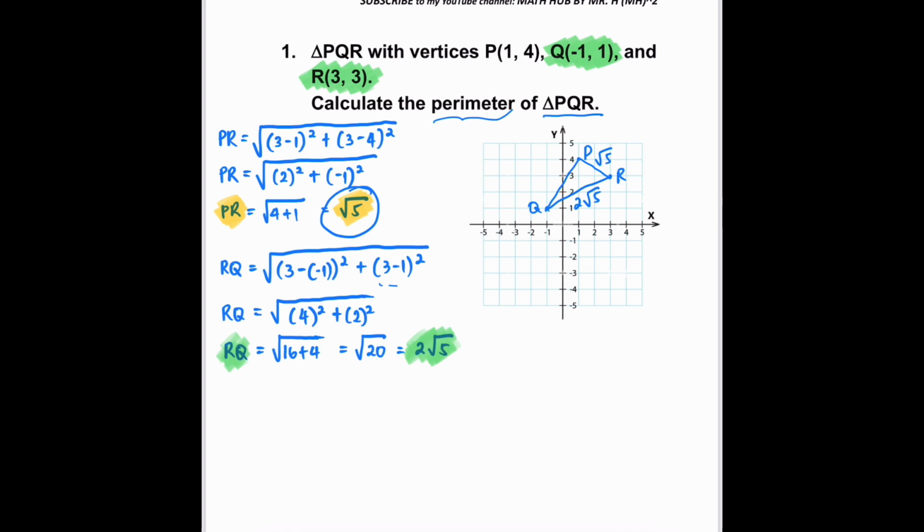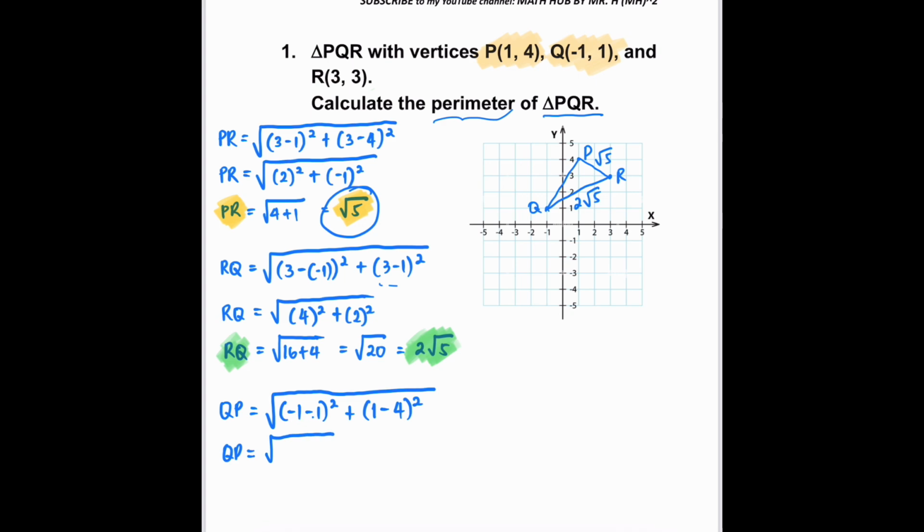On to our last side length that we need to calculate. That's PQ or QP. So we get (negative 1 minus 1) squared plus (1 minus 4) squared.